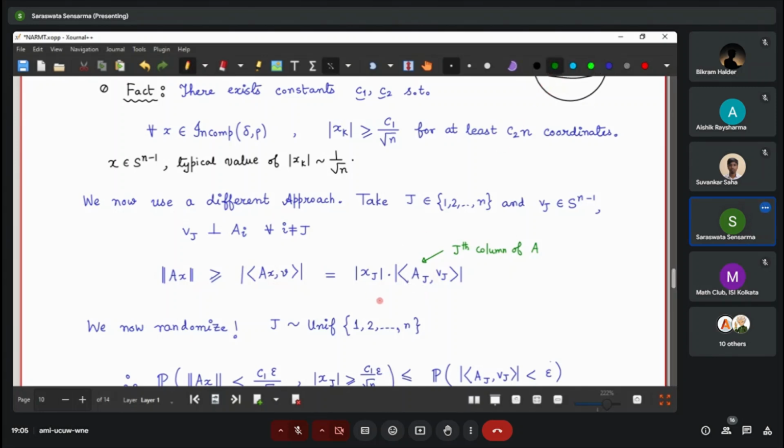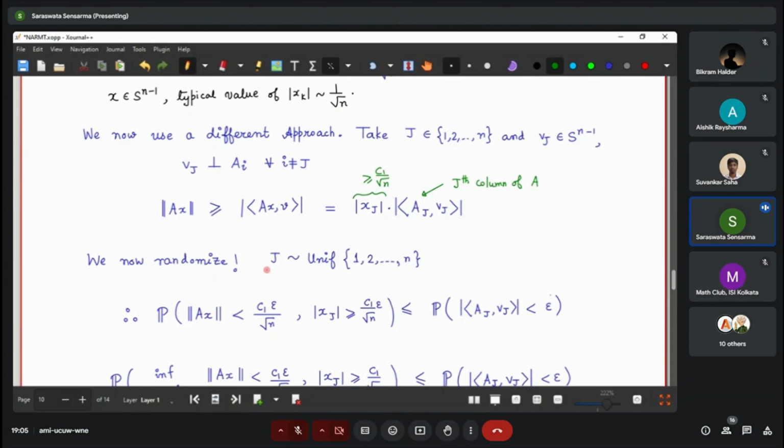Notice, however, that we are dealing with incompressible vectors. So with large probability, this x_J is actually bigger than C1 over square root n, with at least linear probability. Where does probability come in? Well, instead of just taking a J, we can randomize.